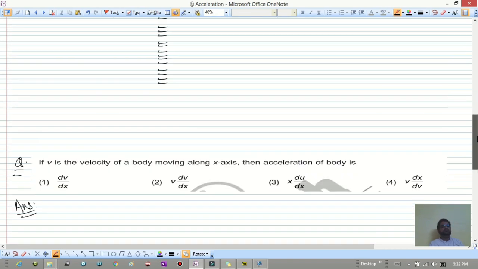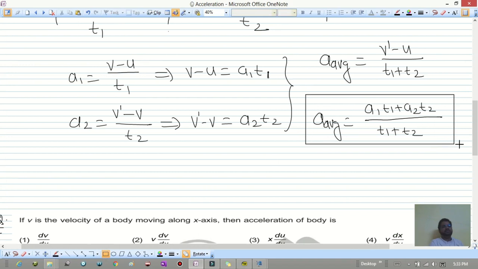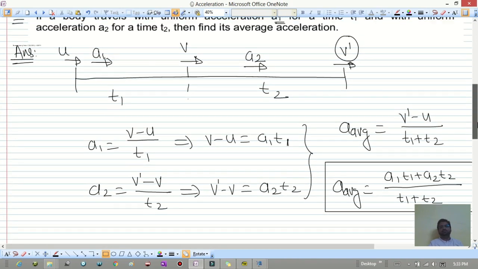The total change in velocity is v dash minus u, so if you add these, you get a1 t1 plus a2 t2 divided by t1 plus t2. So I hope this is clear now. This is the average acceleration which we have.